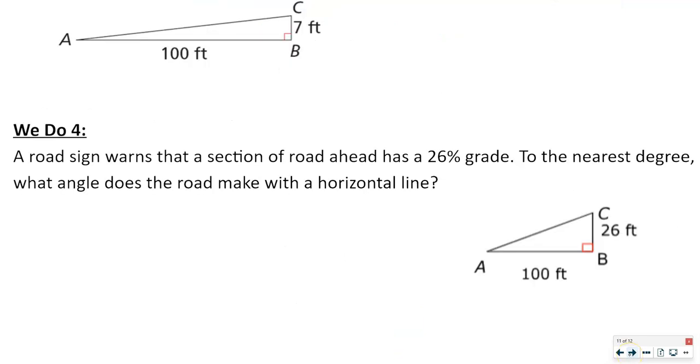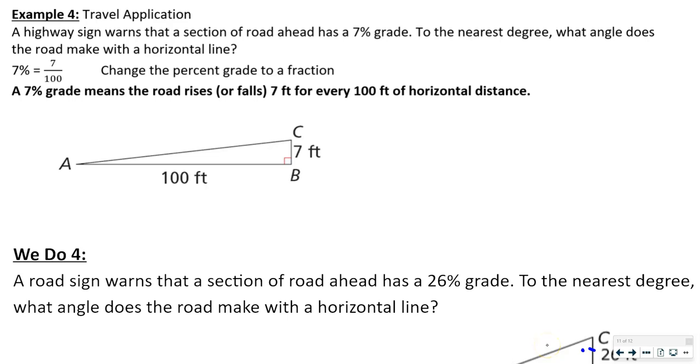All right, these last few have to do with a grade in a road. It says travel application. A highway sign warns that a section of road has a 7-degree grade. To the nearest degree, what angle does the road make with a horizontal line? So 7% is 7 over 100. We're going to make 7 our height and 100 our length, and then figure out what degree that angle is.